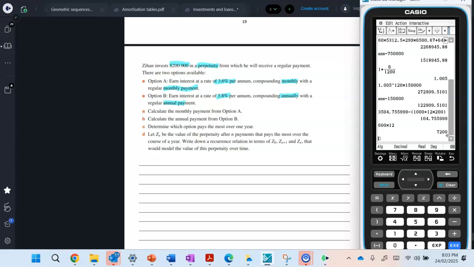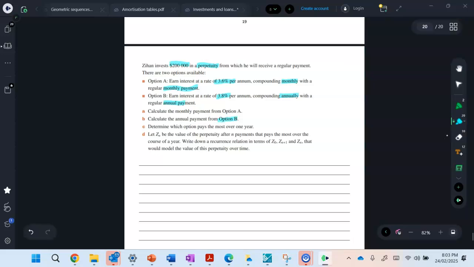All right, let Zn be the value of the perpetuity after n payments that pays the most over the course of the year. Write down a recurrence relation. All right, so we're going to do a recurrence relation for option B because that was the better of the two. And I'm just going to do this even though it's also on your sheet. So Z0 is your starting amount, so 200,000.